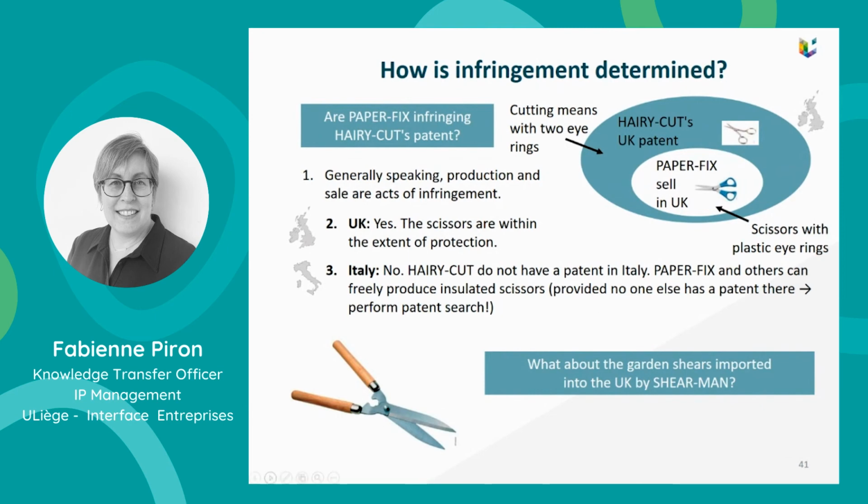There is this last question. What about the garden shears imported into the UK by another company, for example, named Shearman? So it is a cutting means, but is this cutting means with 2 eye rings? So now we are speaking about the question of the garden shears imported into UK by Shearman.